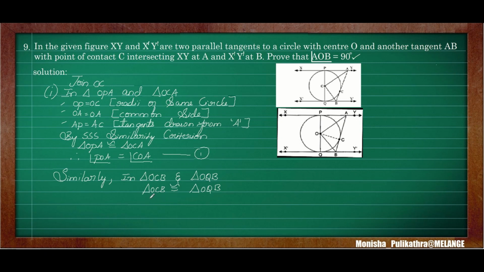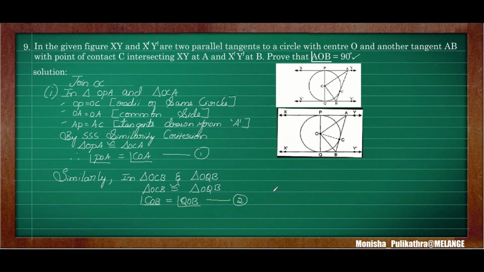Angle COB is equal to angle QOB. Just like what we have written in equation 1, that is POA is equal to COA, because these two triangles are congruent. Likewise, COB is equal to QOB. So let this be equation number 2.